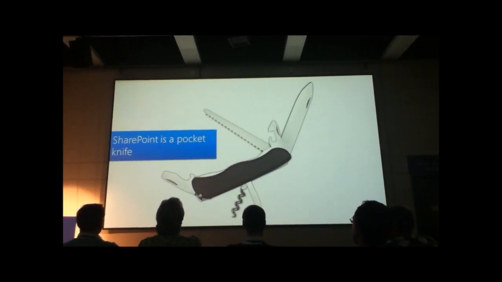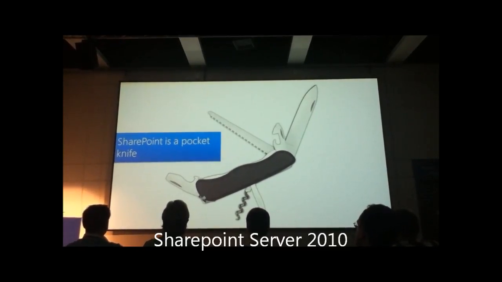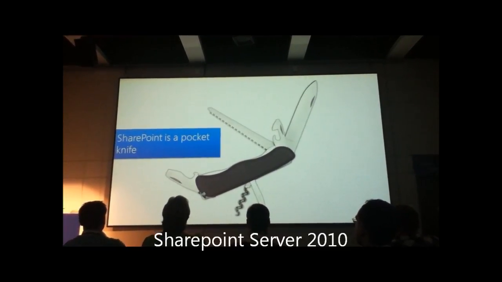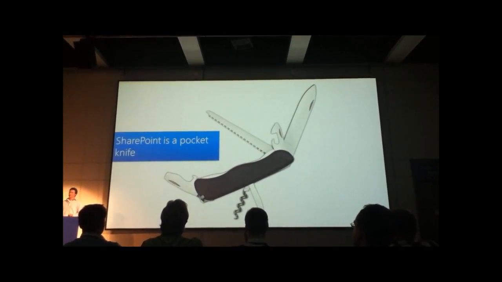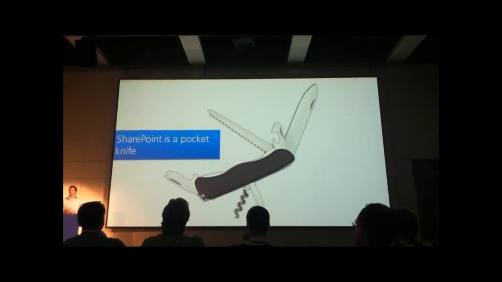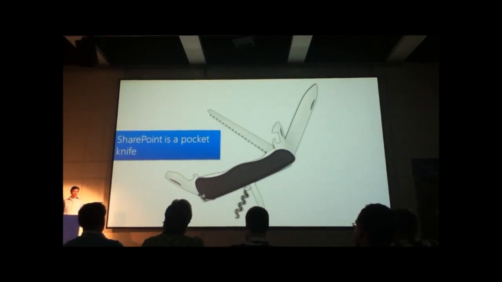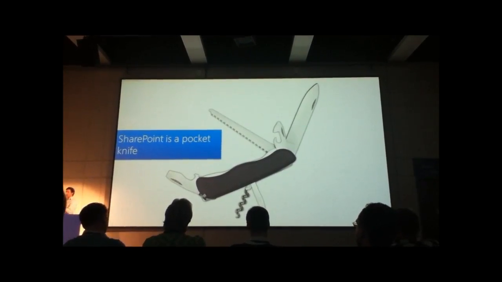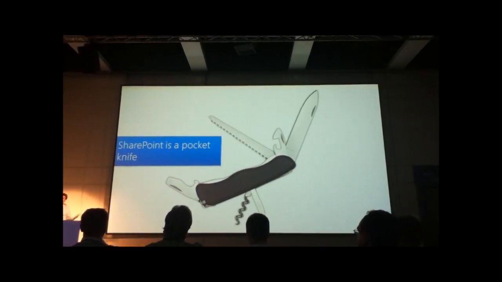The good news is that SharePoint is a pretty good pocket knife. And what I mean by that is that there's a whole lot of different tools that you can deploy in order to make something more compelling, to make your insurance more compelling. And the way I sort of describe this is Microsoft has 2 types of product. They have the platform product at one end of the spectrum, and they have the solution product at the other end of the spectrum. So to give you an example, a platform product is SQL Server.